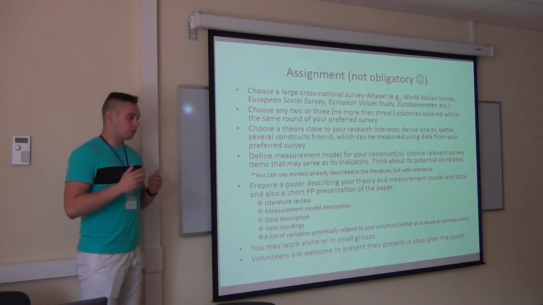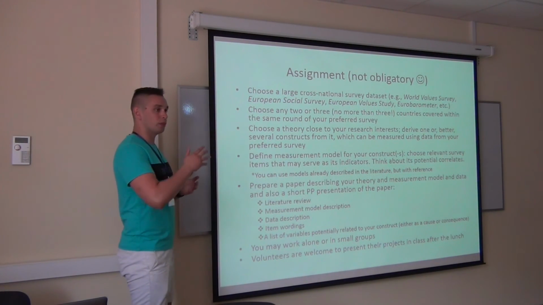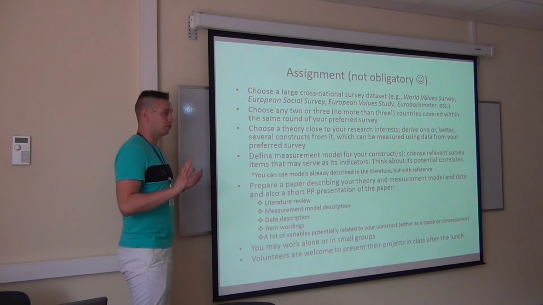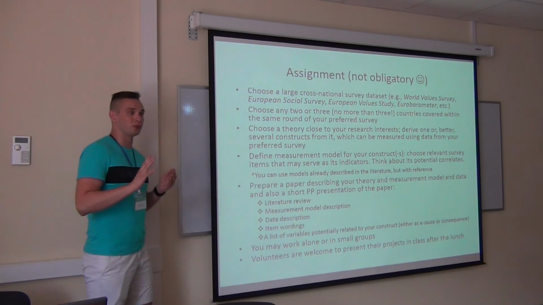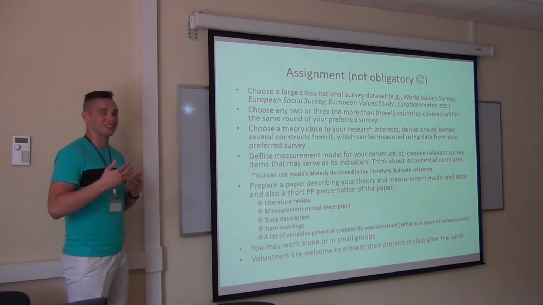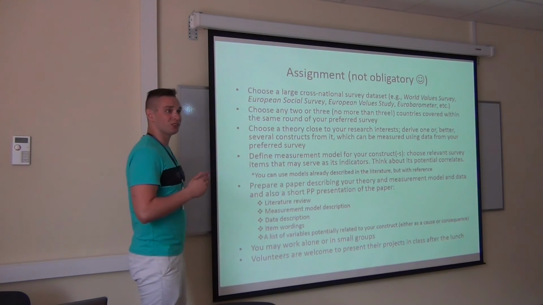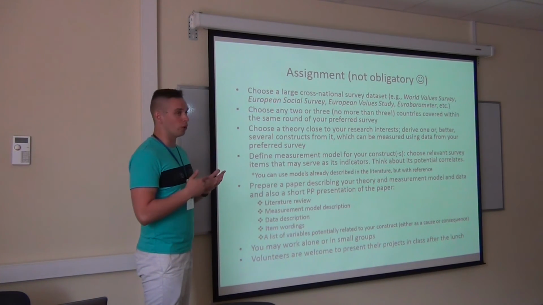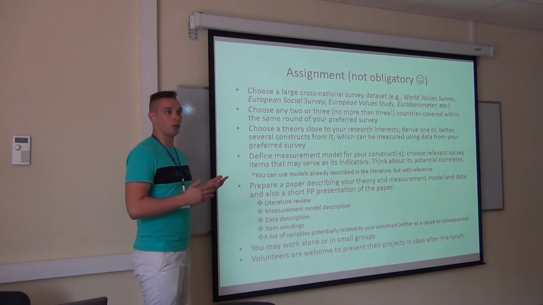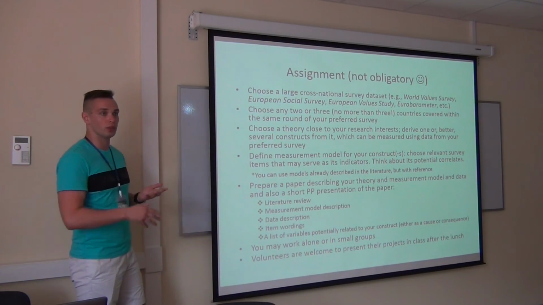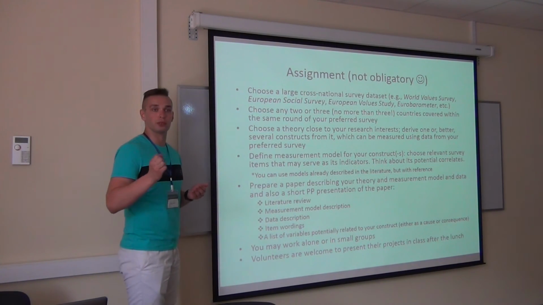I also would recommend you to try to write a paper, but we have only limited time, so again, it's not obligatory, but it is a good way to learn a new terminology when you try to write it down on paper.